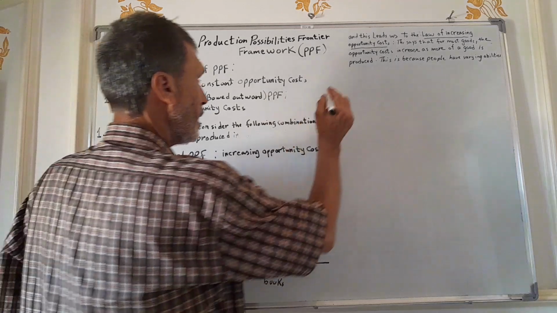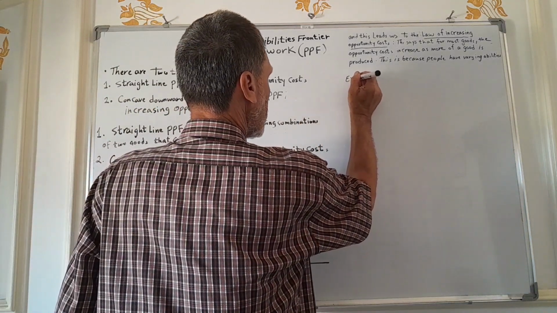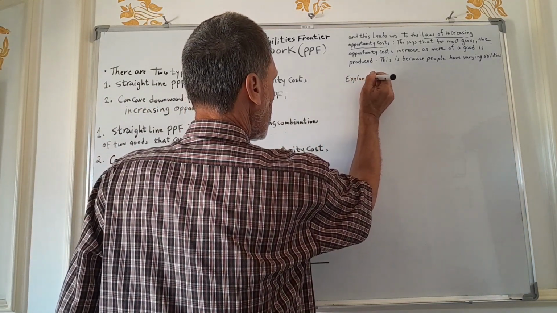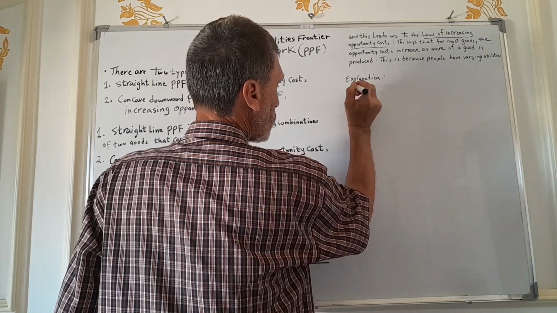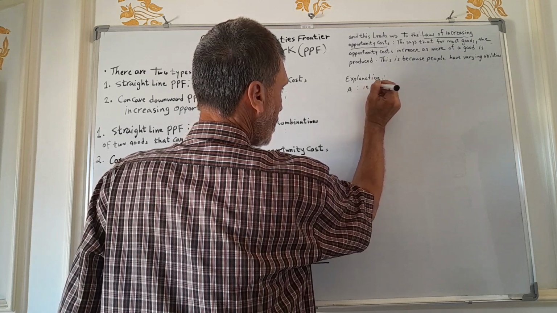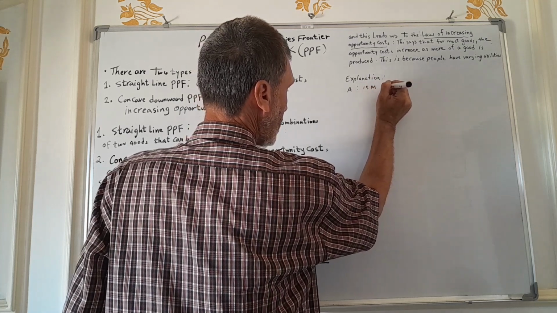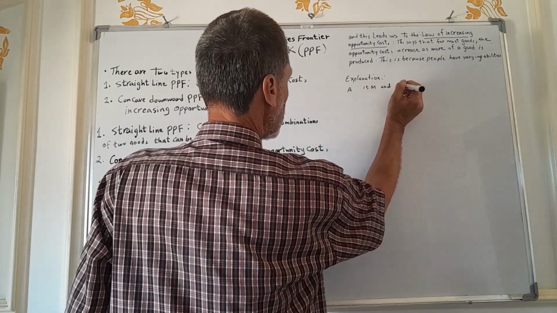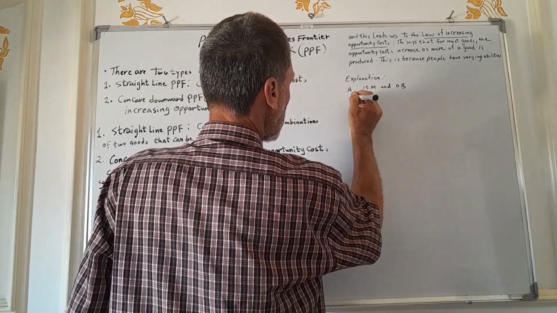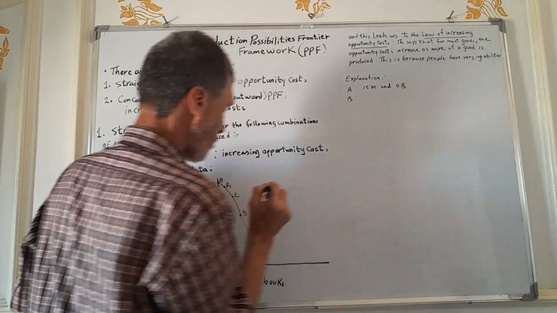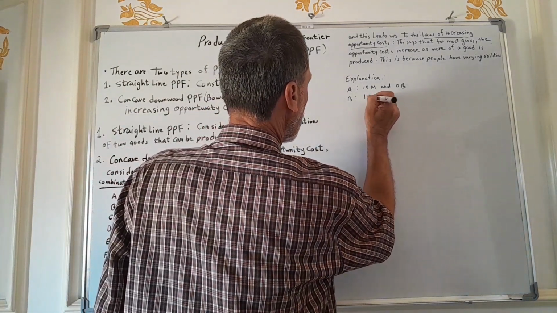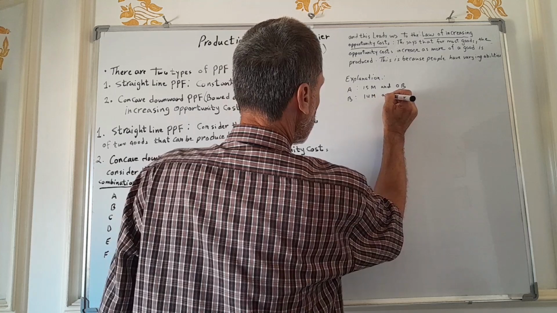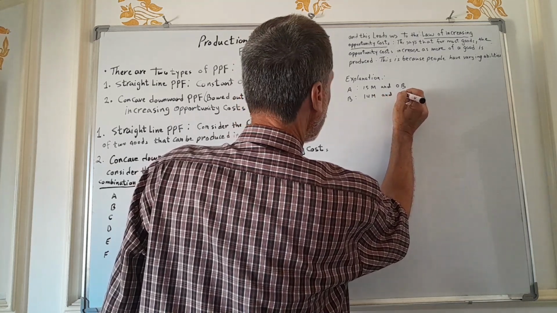At combination A, 15 mobiles and 0 books. Now, at combination B, the company is producing what? At combination B, 14 mobiles and 1 book.